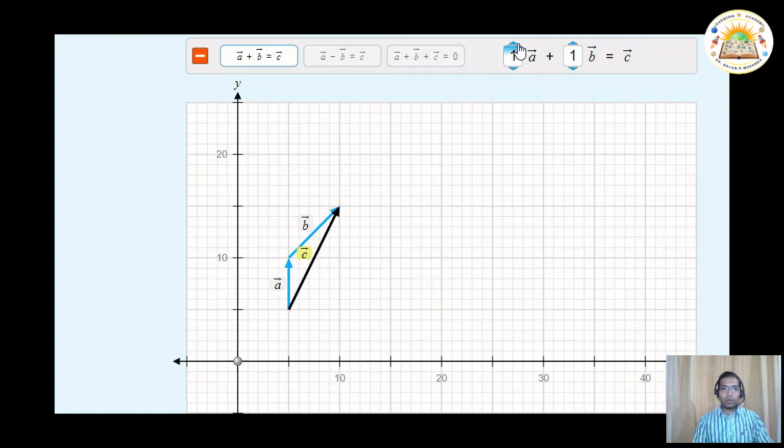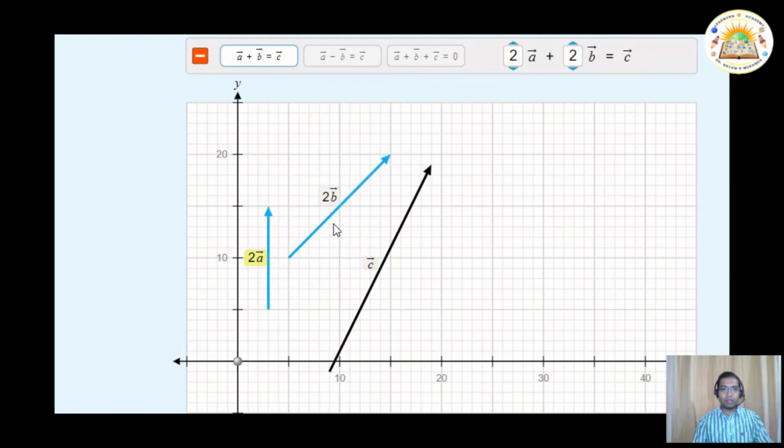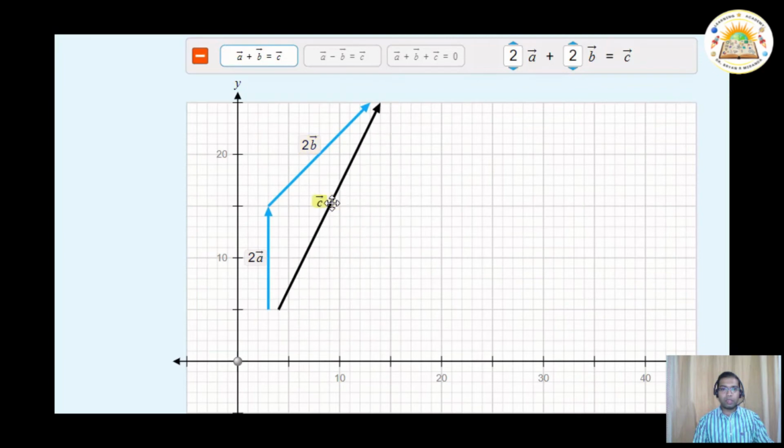I can also go ahead and increase the magnitude of A and magnitude of B. So accordingly, if I can place this, let's say this is A and B, this is going to be our C vector. Now what if I write it as A minus B is equal to C vector? That is this.